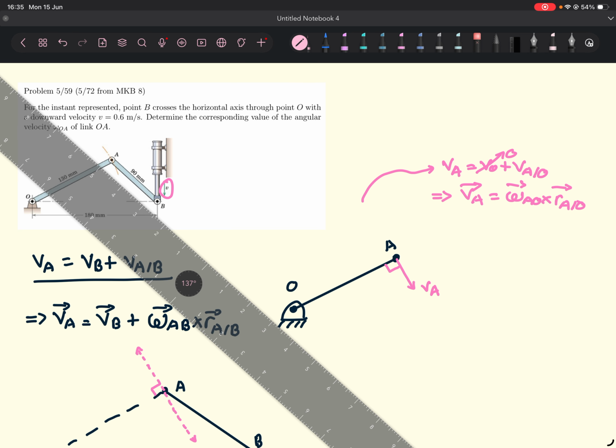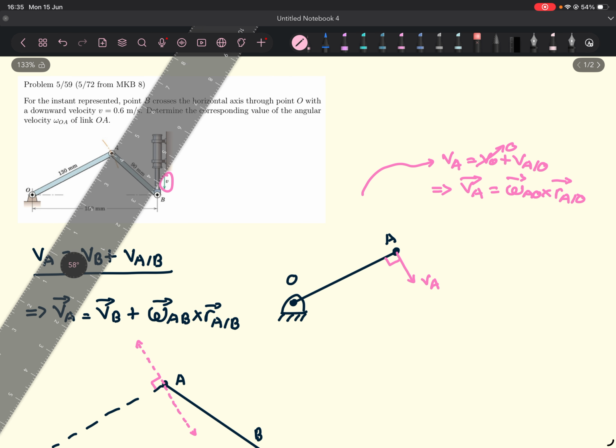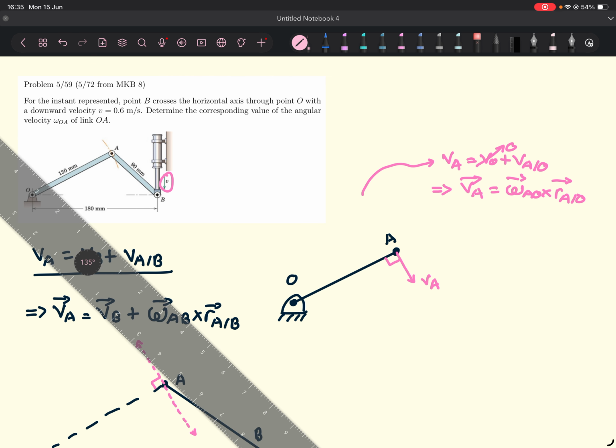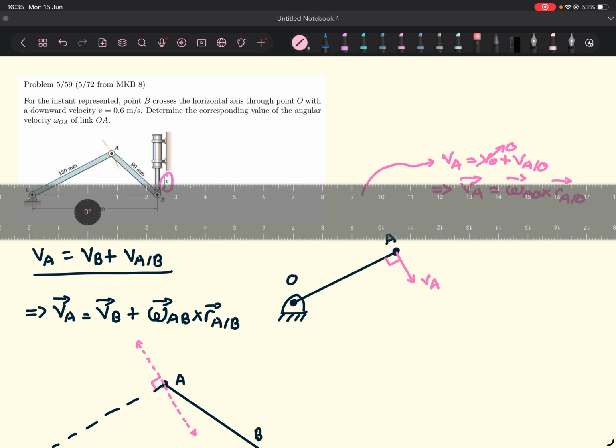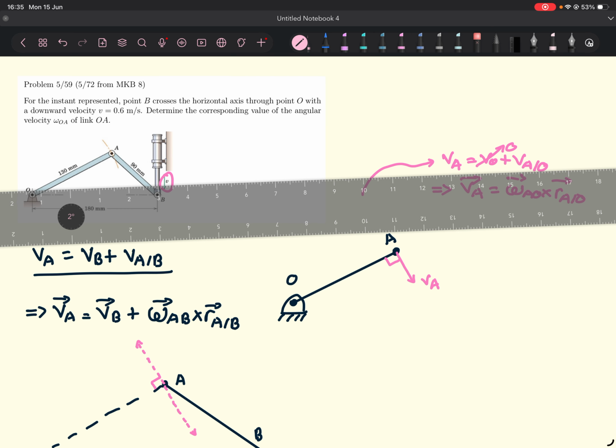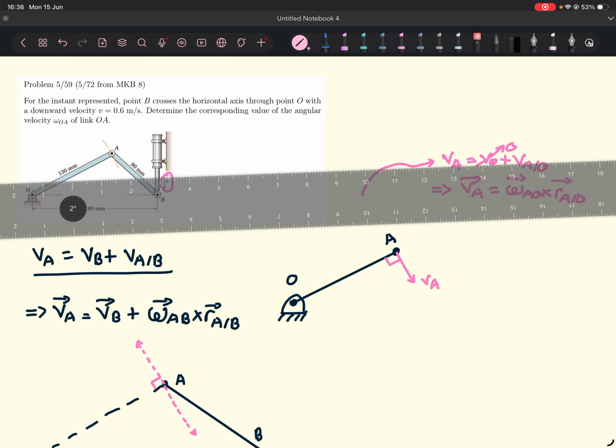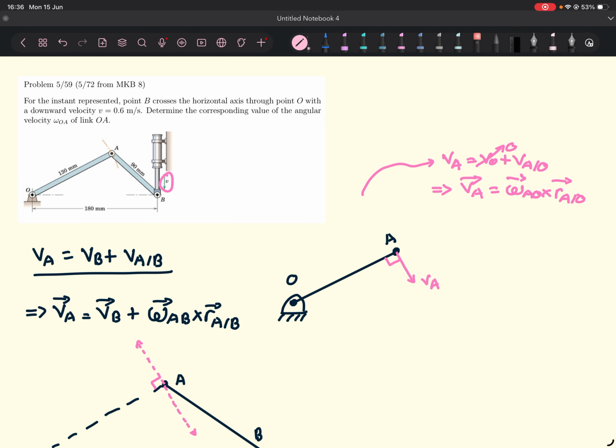And then this OA, what's going on? OA, right, will move like that, right? But you don't need to be able to see that, and that might be incorrect. I don't really know for sure. You don't really need to see that.